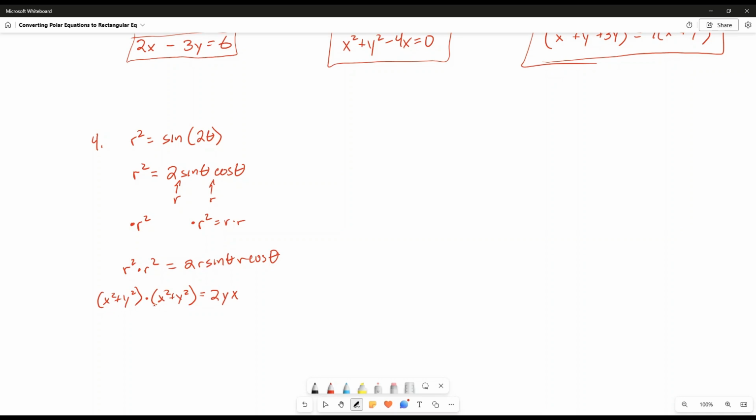We could go ahead and FOIL out these parentheses, or we could just write them together since they're the same thing. I could say x squared plus y squared, quantity squared, is equal to 2yx. Again, we could FOIL that out, move terms around, set it equal to 0. For now, though, I'm just going to say that's good enough, and we'll leave it there.